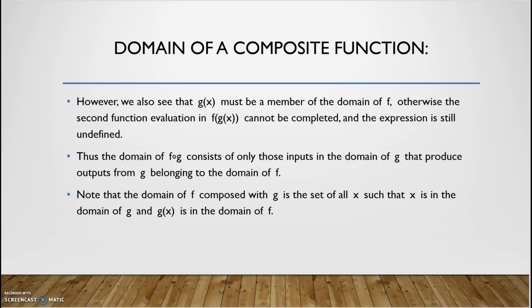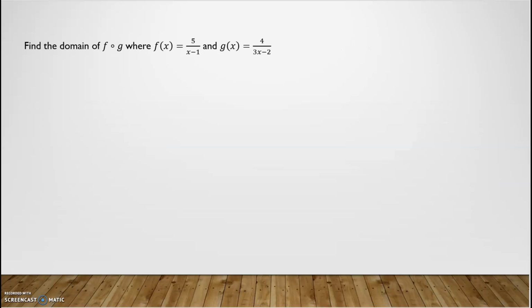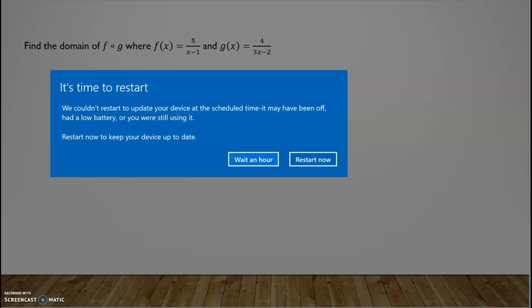Okay, so what we need to do is find the domain of g, and then we'll find the domain of the composition, and we'll put them together. That's basically what this is saying right here. So let's look at this domain right here.